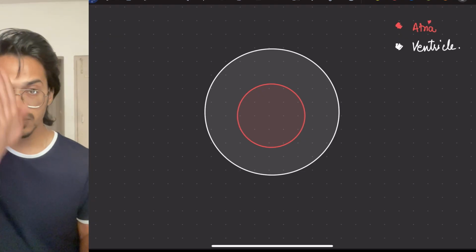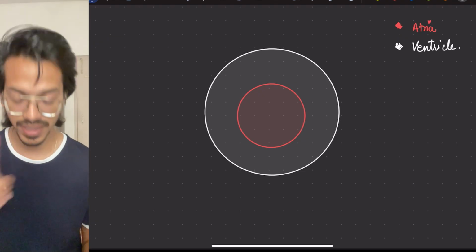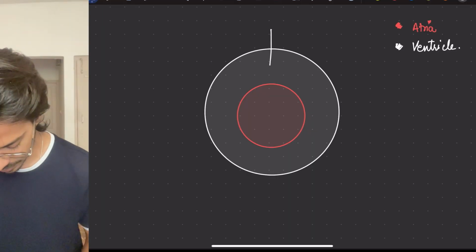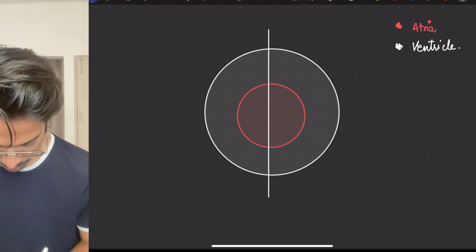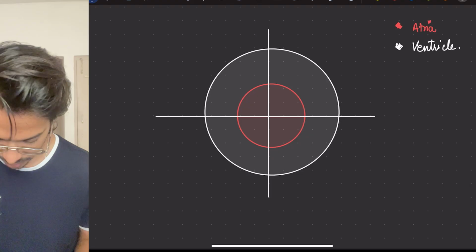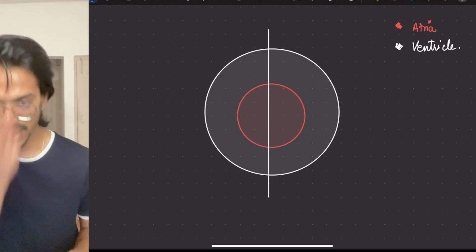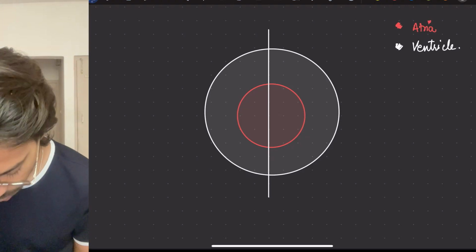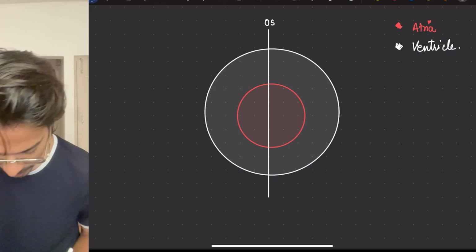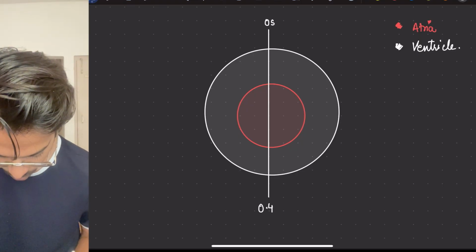Now this is representing one cardiac cycle, so we will divide it. This is the 0 seconds. From here, half of the cycle, 0.4 second, would be available.